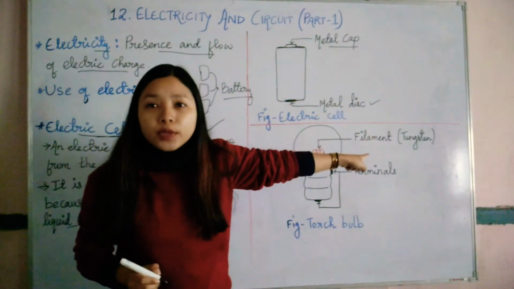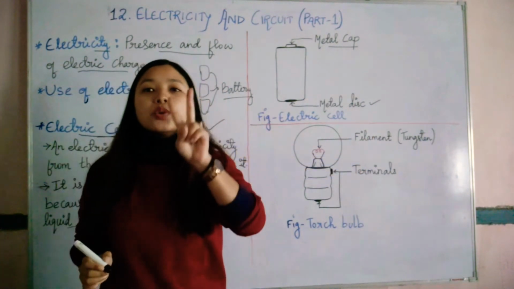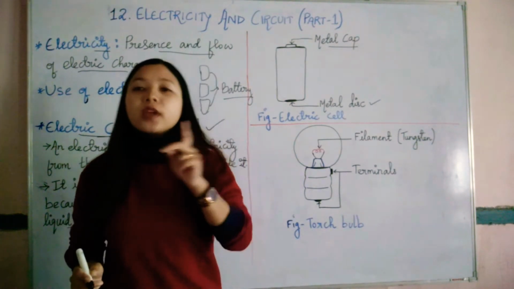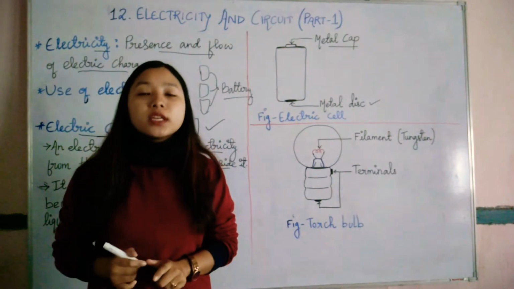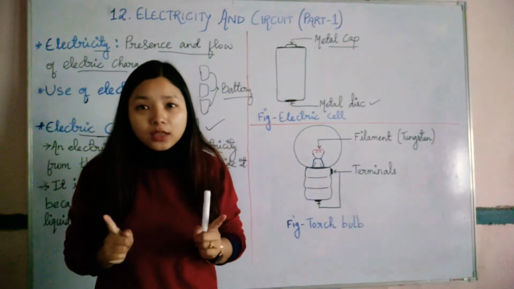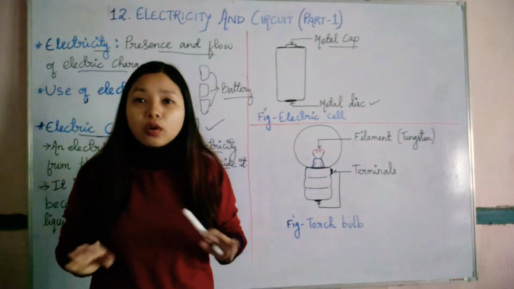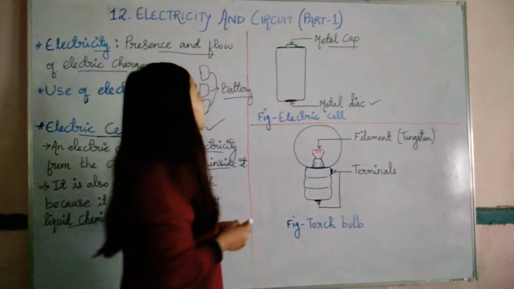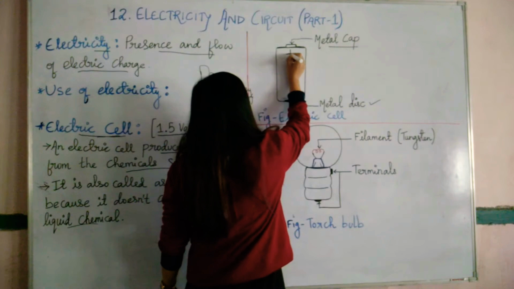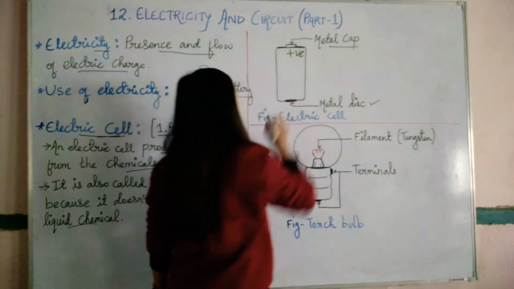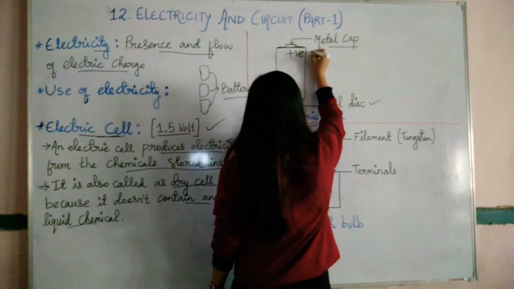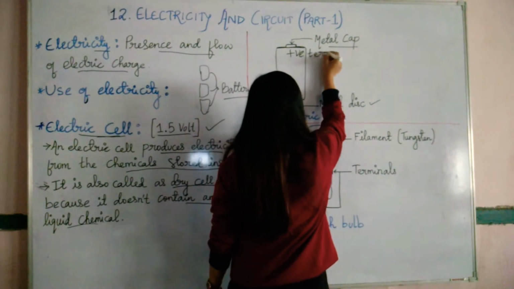Now for electricity to run, we need two different poles or terminals. One should be positive and one should be negative. Then only our electricity will run. If both the ends are positive or both the ends are negative, electricity will not be able to flow. The top part, the metal cap, is our positive side, or positive terminal.